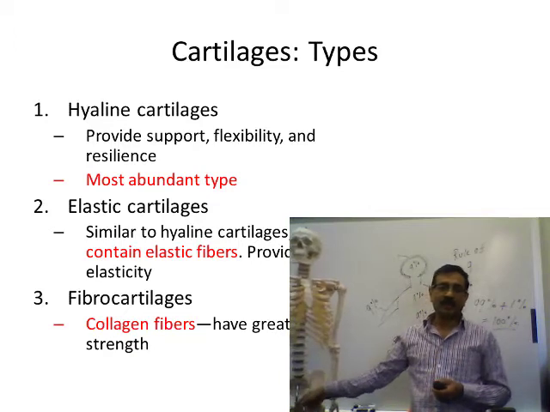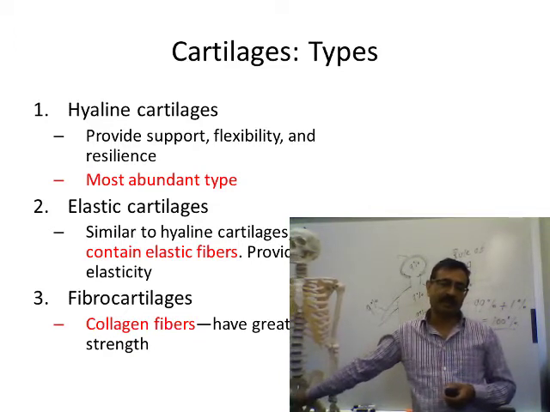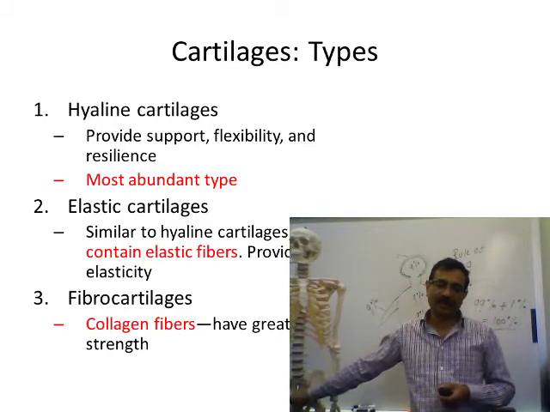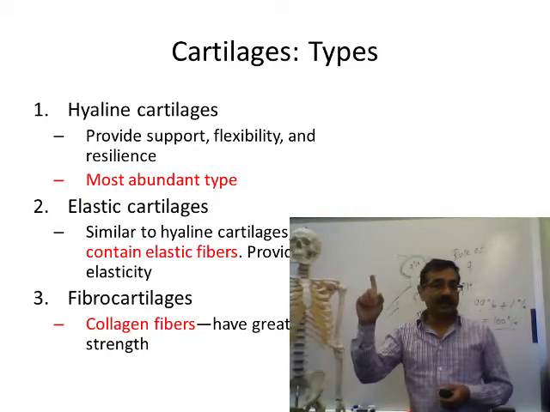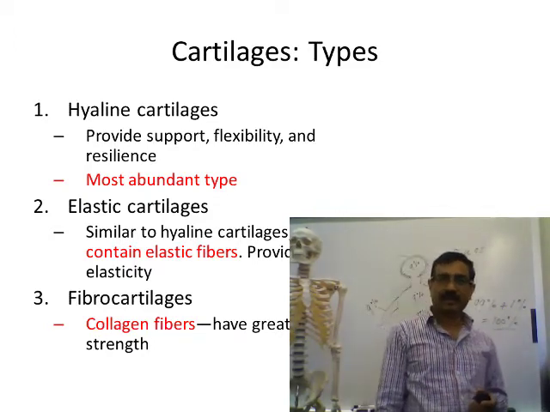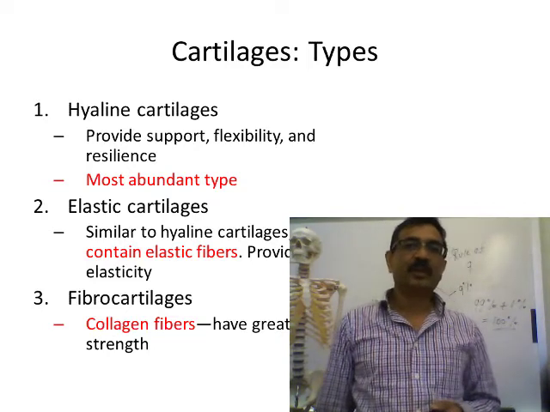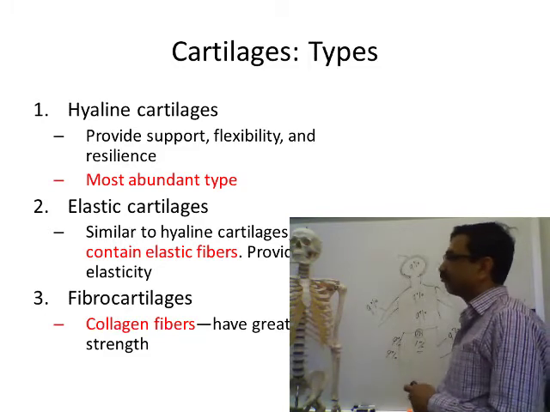The two hip bones are joined anteriorly by this piece of cartilage, fibrocartilage. So another is meniscus of the knee joint. You know that in your knee joint you have meniscus, right? So those are the fibrocartilaginous structures, very tough.